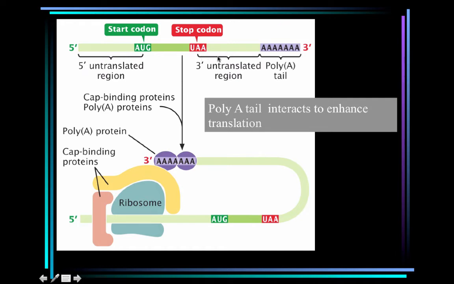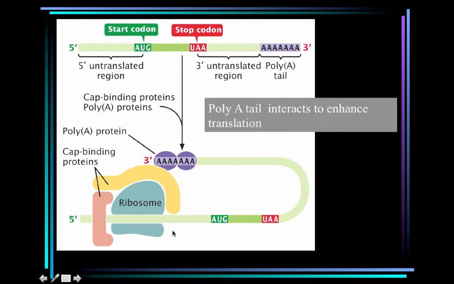After that stop codon is going to be a 3' untranslated region that's going to contain a poly A tail at the end, which is a string of adenines that is going to interact to enhance translation.